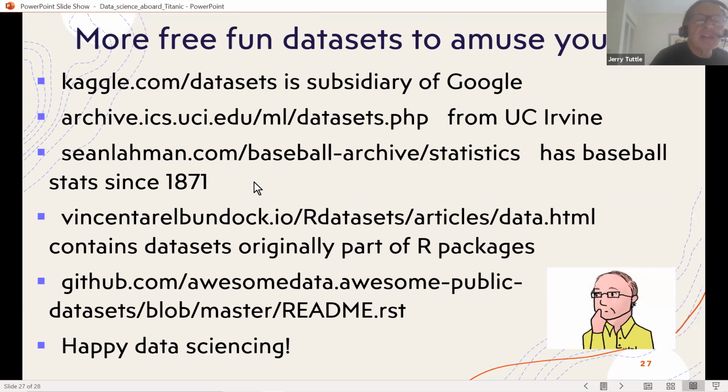I recently calculated win-loss percentages that exceeded 600 on everyone since 1871. Why? Because I'm both a baseball nerd and a math nerd. Lots of other places with data sets. And it's just a fun thing to do.